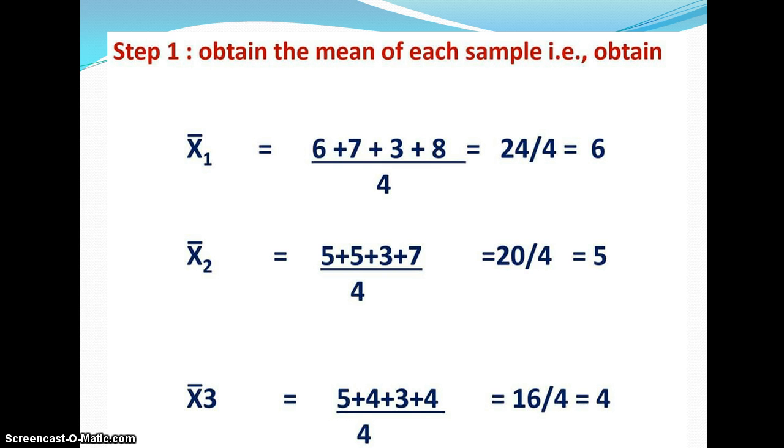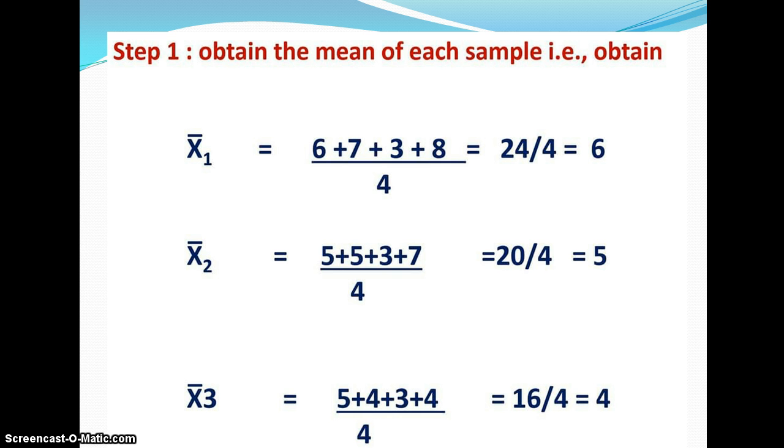There are four plots, that's why here using 4. 24 divided by 4 means the mean of the first sample is 6. Similarly we calculate the second and third one. The second mean x bar 2 is 5, and the sample mean of the third is 4.